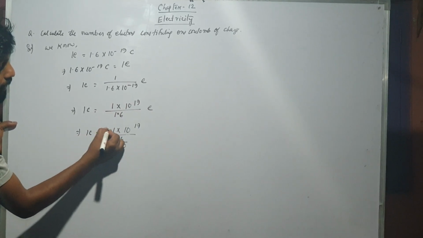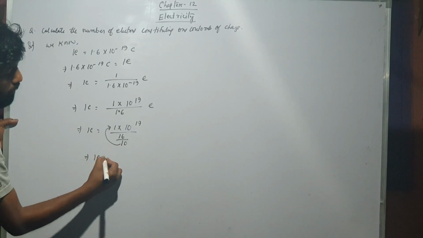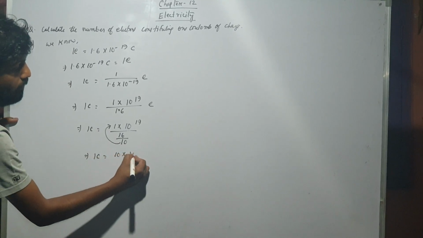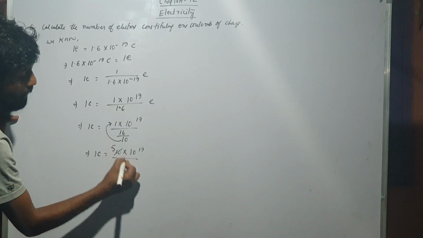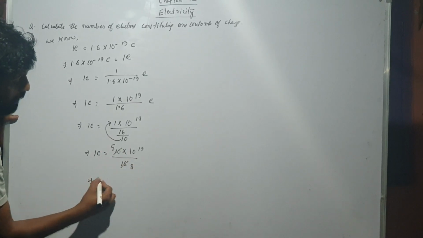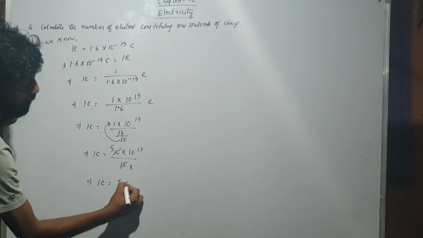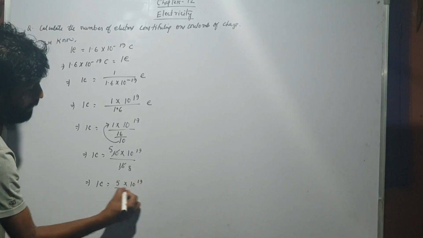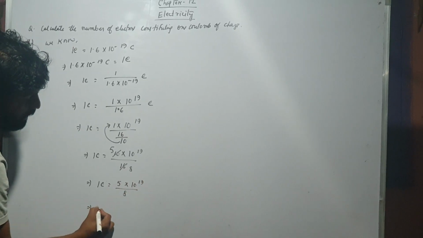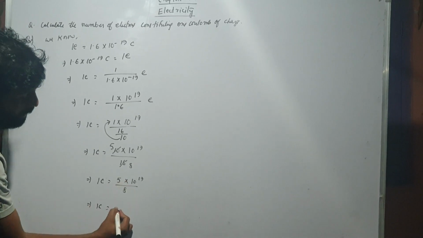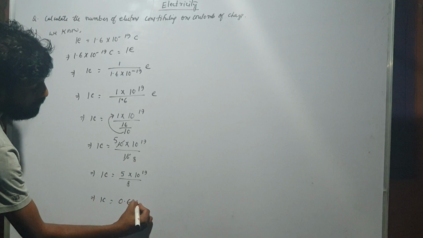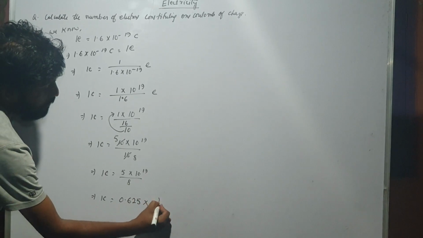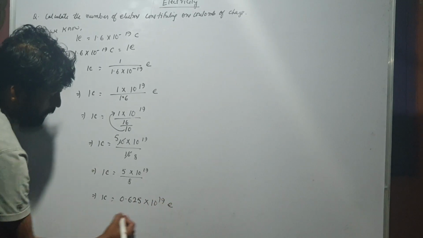ये 10 कहाँ चला जाएगा? ऊपर में. That is 1 coulomb is equal to 10 into 10 to the power 19 divided by 16. You can cancel it, 5 times, 8 times. That means 1 coulomb is equal to 5 into 10 to the power 19 divided by 8. If you divide 5 by 8, you will be getting here 0.625 into 10 to the power 19 electron.